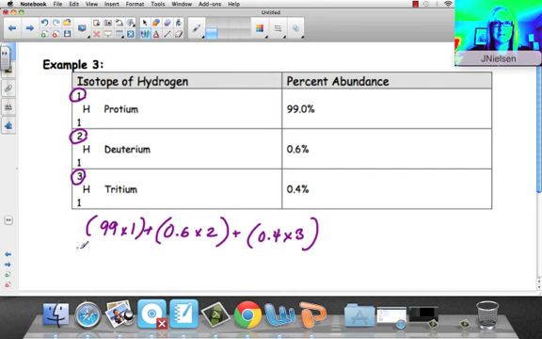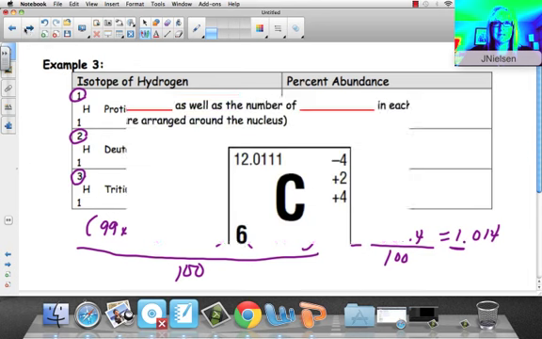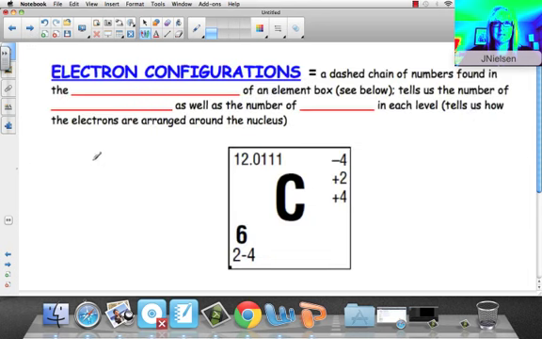And then I'm going to add all those up, and then I'm going to divide by 100. And what I get over here is 101.4 divided by 100 equals 1.014. So notice how my answer is closest to 1, which makes sense because that was the 99% abundance. All right, let's move on to electron configurations.